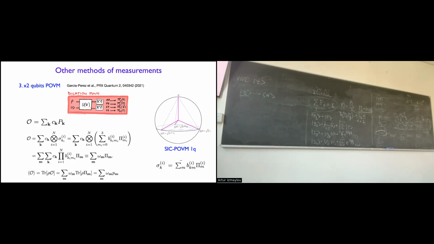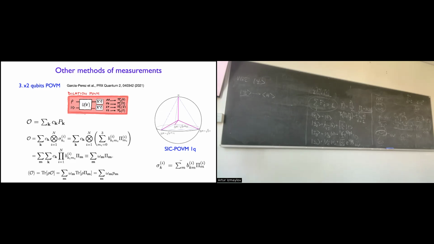And the whole scheme is based on the following algebra. Imagine you have a Hamiltonian, or just a general operator O. It's a linear combination of Pauli products, written here with the sigmas. Now, every sigma, which is a Pauli operator, can be written as a linear combination of projectors.